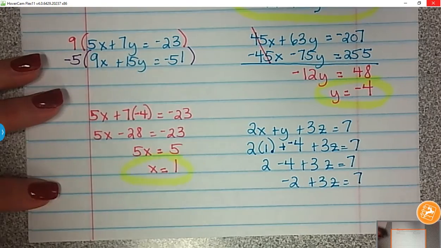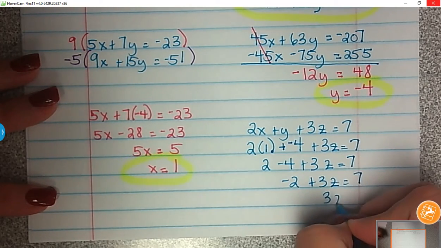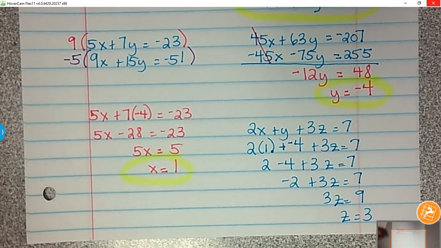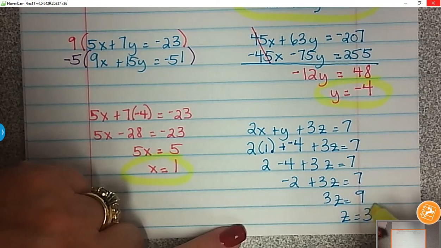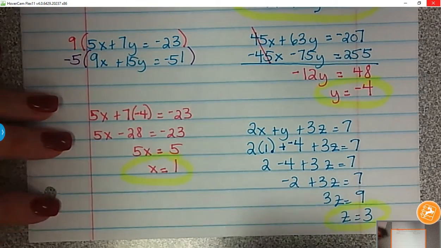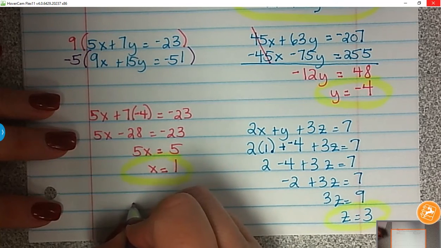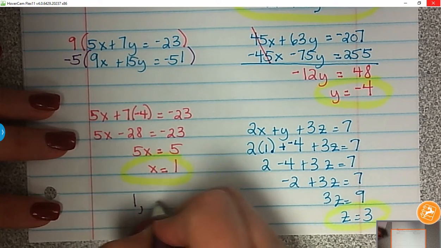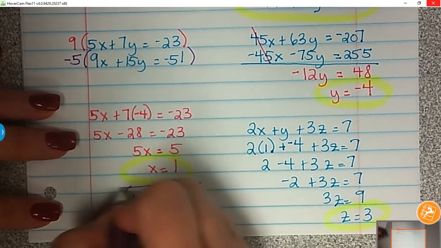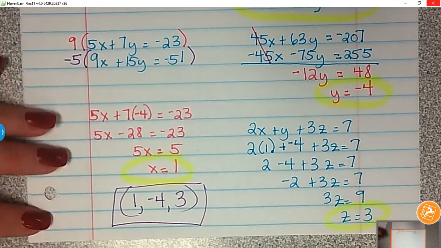I'm going to go ahead and add my 2 to both sides. 3z equals 9. That means that z is 3. So my solution for this system of equations is going to be 1, negative 4, 3.